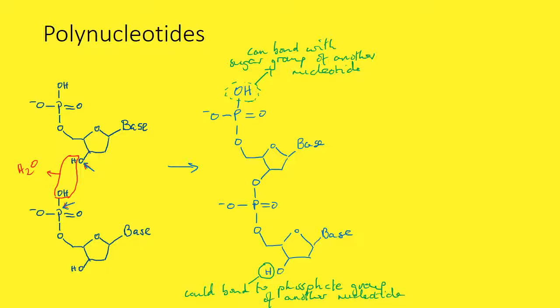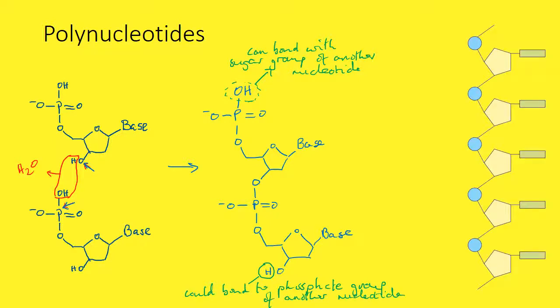And you can see how the polymer molecule could build up, and each time that bond forms and another nucleotide is added to the chain, you get another water molecule dropping out.